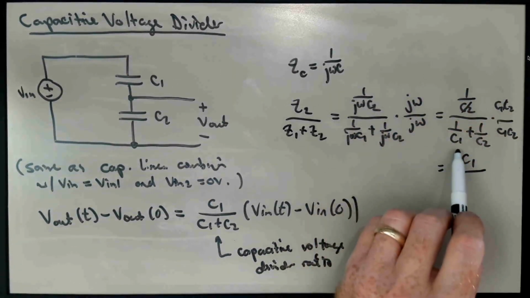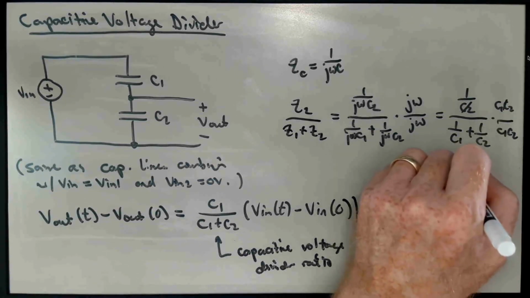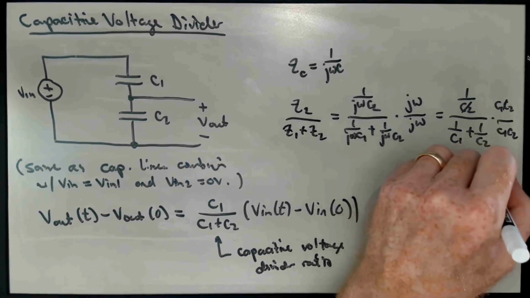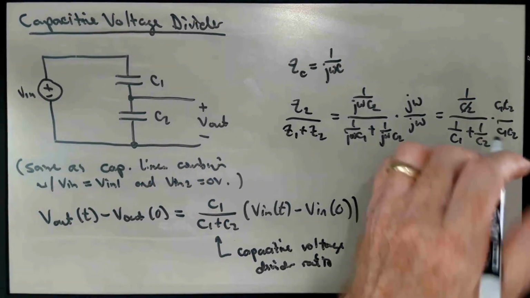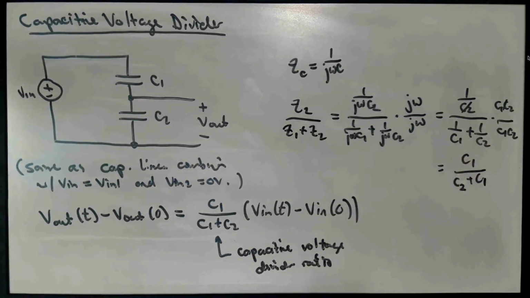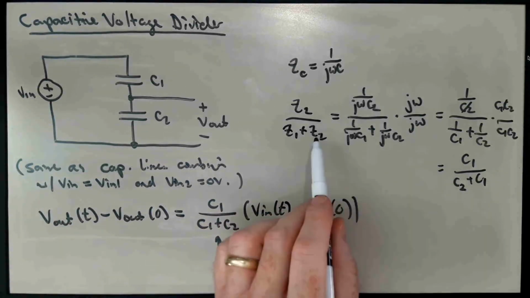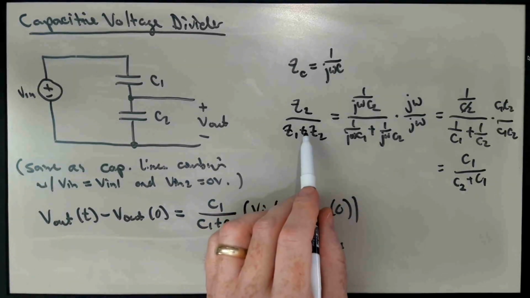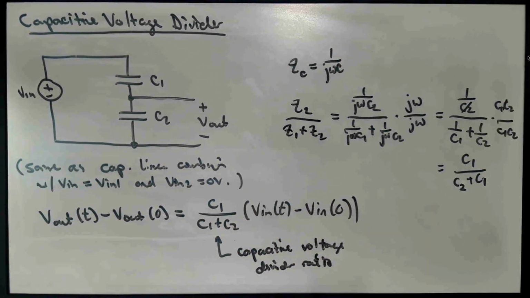And downstairs here, the C1's cancel in the first term, the C2's cancel in the second term, and so that would be, if we just rewrite that, C2 plus C1, but addition is commutative. And so that's how the voltage divider expressed in terms of complex impedances relates to our capacitive voltage divider ratio that we've just derived, without the help of the impedance concept.